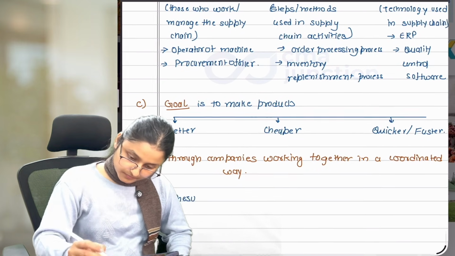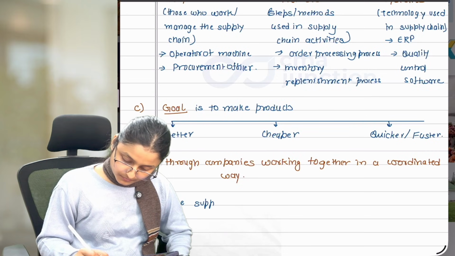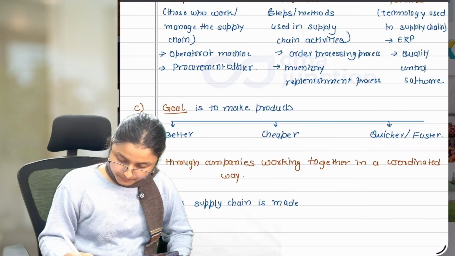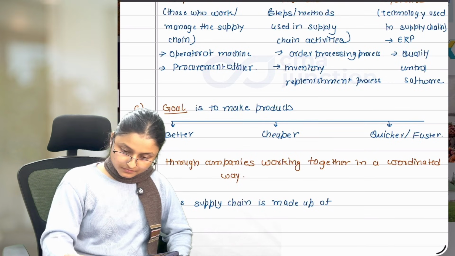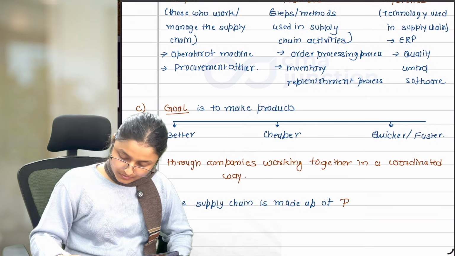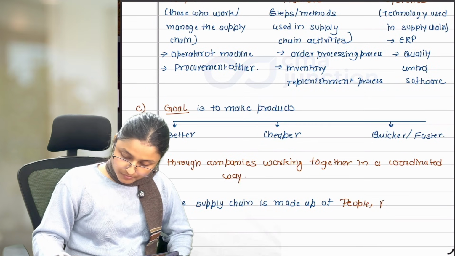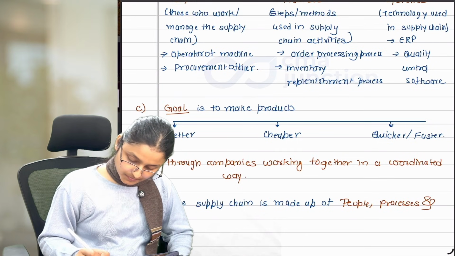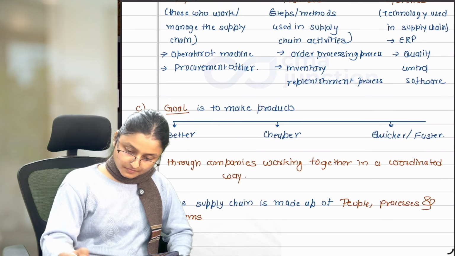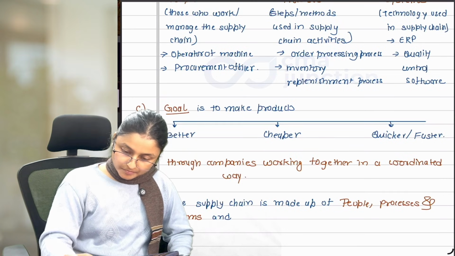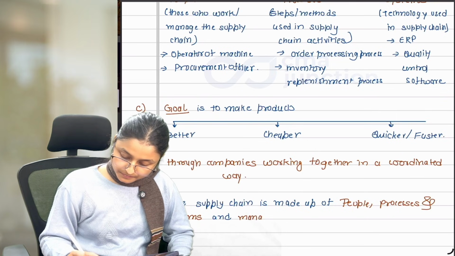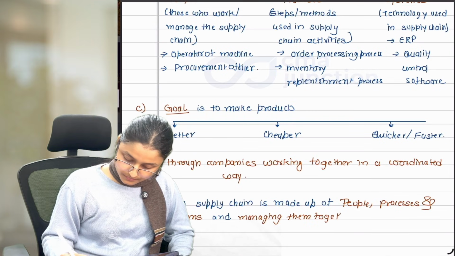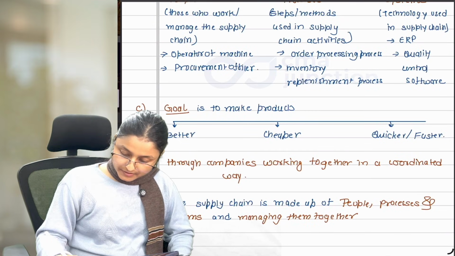The supply chain is made up of people, processes and systems, and managing them together is supply chain management.